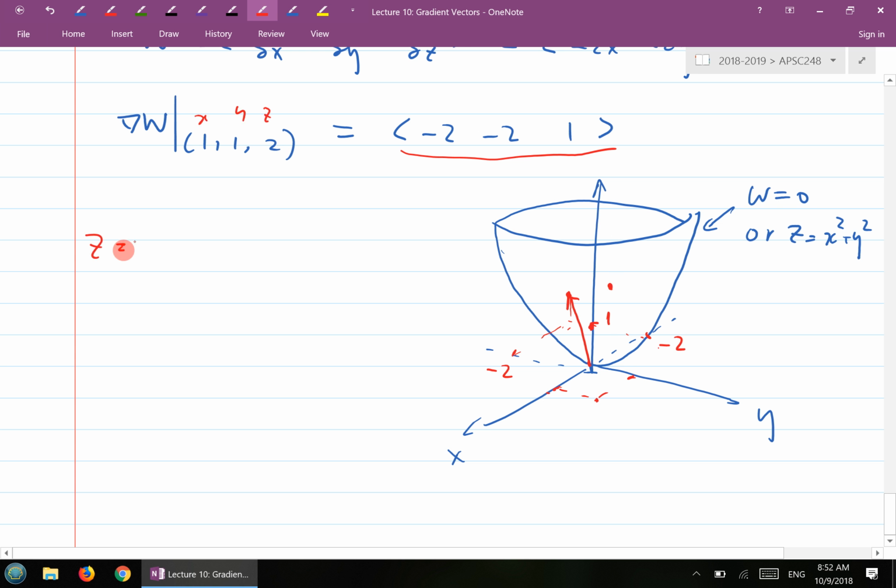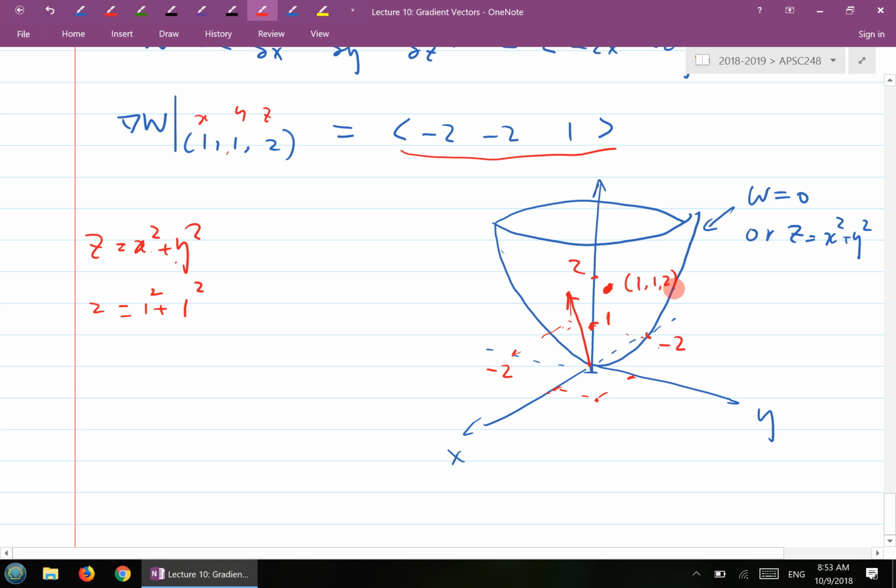If you look at this surface we just drew, if you plug 1, 1 in here, you basically get 2 equal to 1 plus 1, right? So the point 1, 1, 2 happens to be right on this surface, z equal to x squared plus y squared. Let's say this is 2 here. This is the point 1, 1, 2.